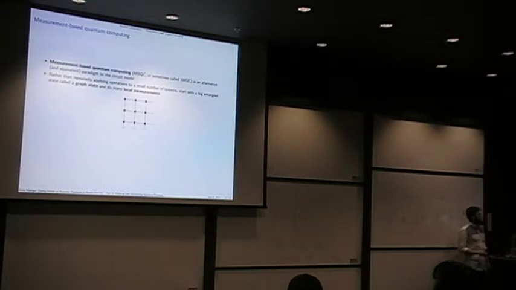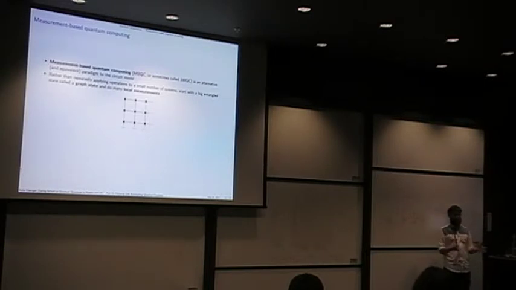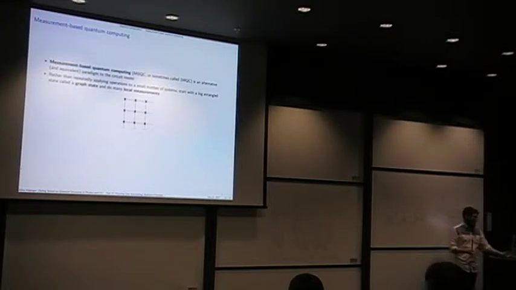And the idea is rather than repeatedly applying some operations to a small number of qubits, I start with a big resource state, which is in some known state, and I start doing measurements locally to different points on this big entangled state, right? And I'm getting outcomes as I go, and maybe making different measurement choices as I go.